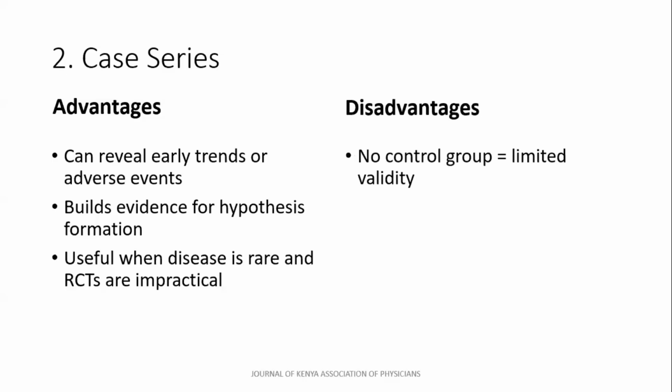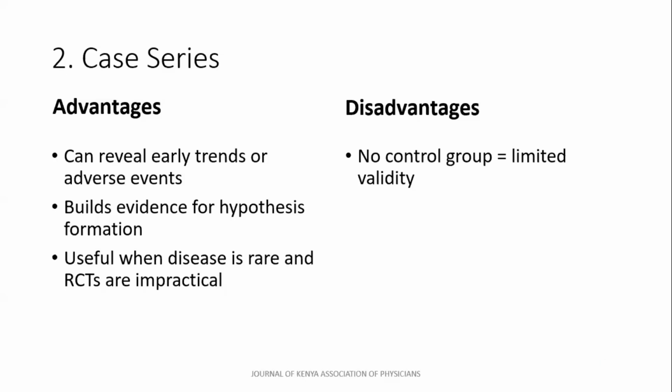However, just like the case report, a case series lacks a control group, so it doesn't really tell us how common a condition is or how generalizable it is to the population. So we have limited validity in generalizing the conclusions.